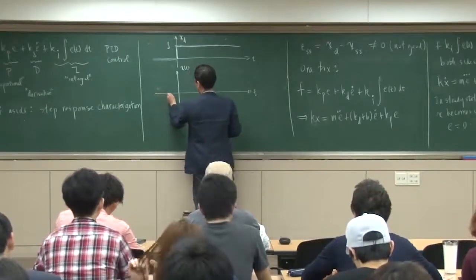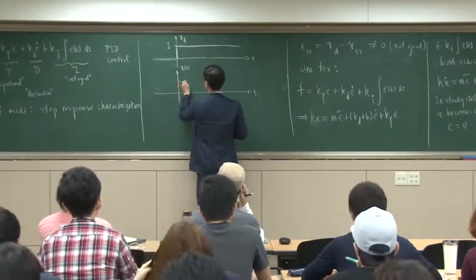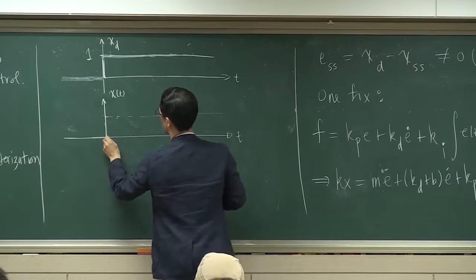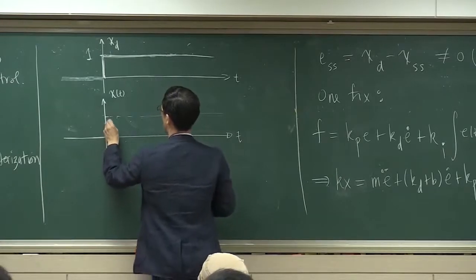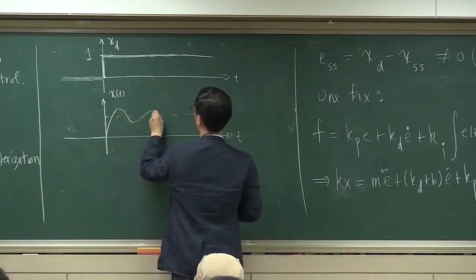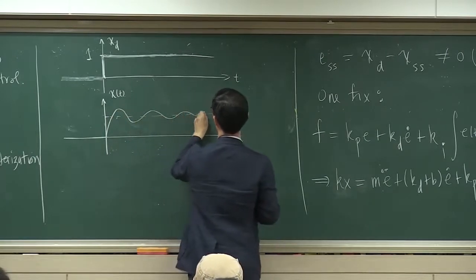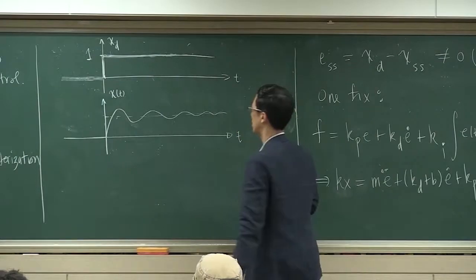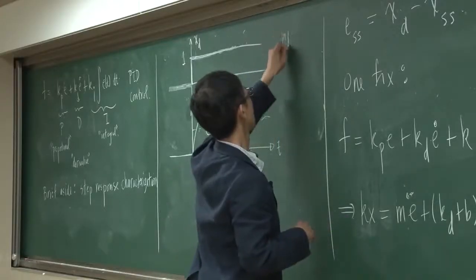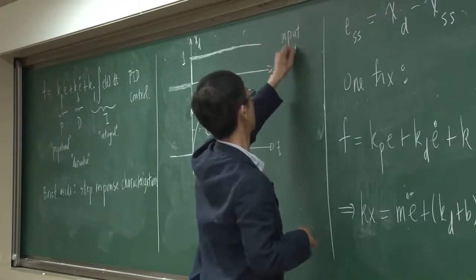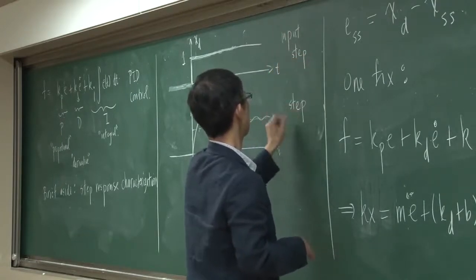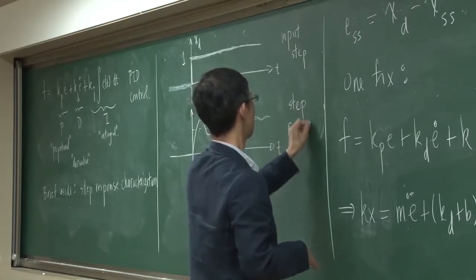But typically it's going to look something like this: if you don't get it just right, it might overshoot a little bit, and then it'll eventually die down, like so. So this is our input step, and this is our step response of the system.